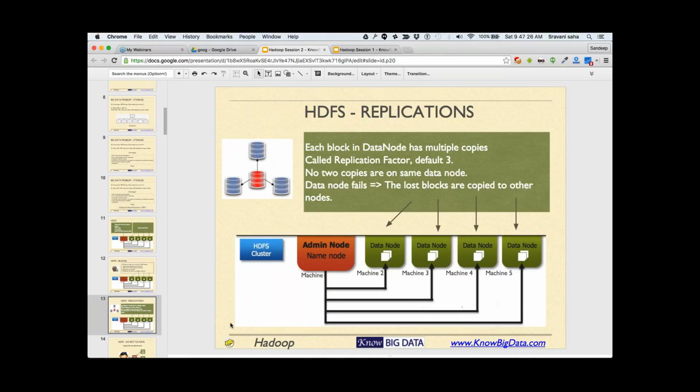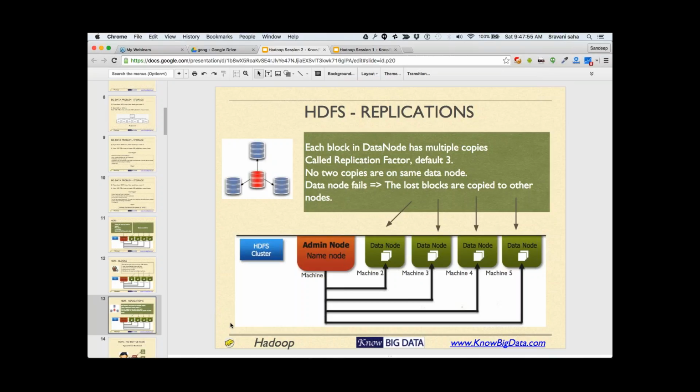If you have 3 TB of disks connected together in a network, you can effectively store only 1 TB of data, because that 1 TB will be copied 3 times. Also, this replication can be controlled. One file can be set to have just 2 copies, and another file 10 copies. So the replication factor can be controlled.